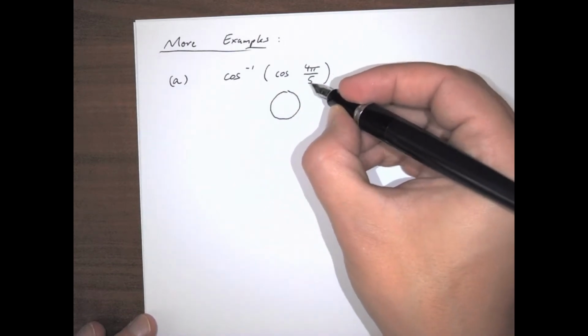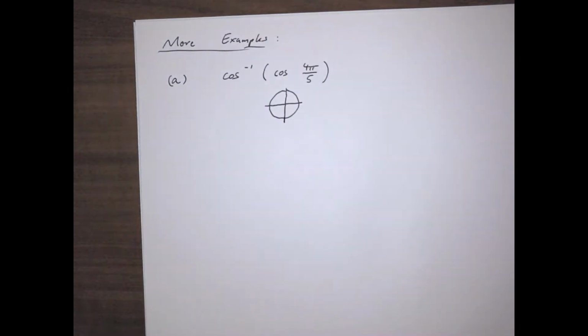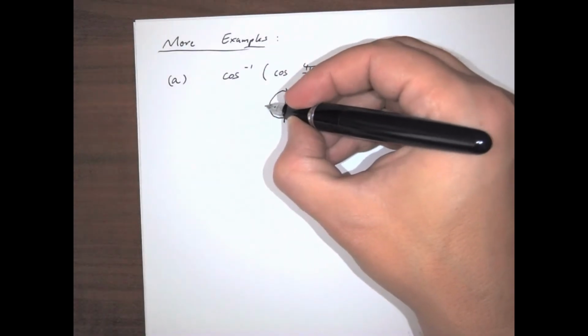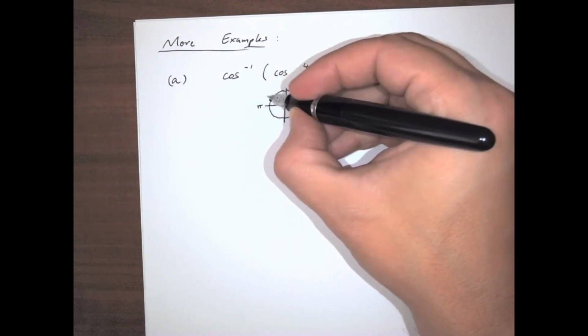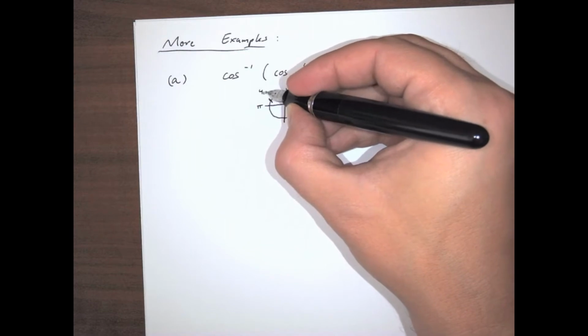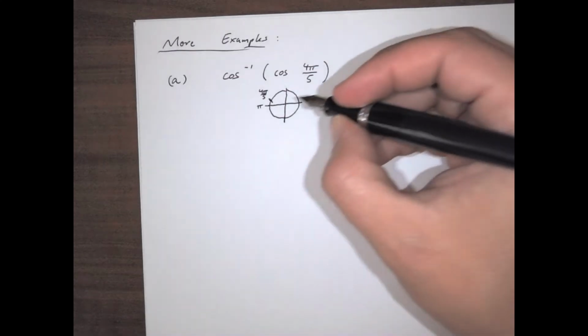So 4 pi over 5, that is not one of our friendly angles. But we can think about it for a second. So if this is pi, then this would be 4 pi over 5, somewhere around there. And even without knowing what the actual cosine of that angle is, I can still actually tell that it works out because that's actually in the range.